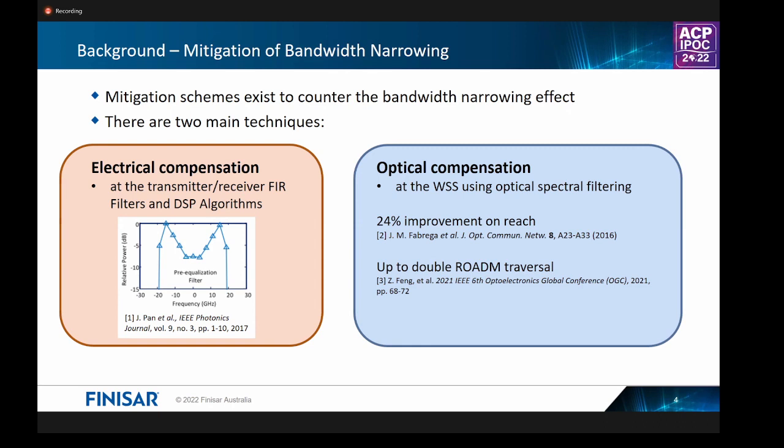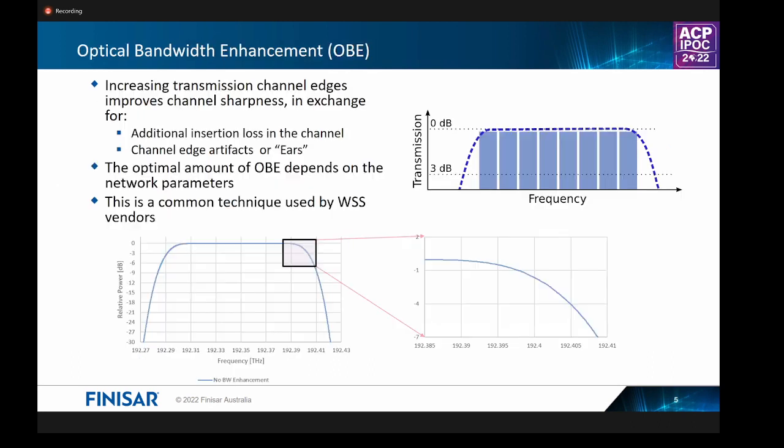Another complementary way of counteracting this bandwidth narrowing is optically. We can do optical spectral shaping at the WSS itself. Both techniques are quite effective, but it's the optical compensation that our work was focused on, in particular the technique which we call optical bandwidth enhancement.